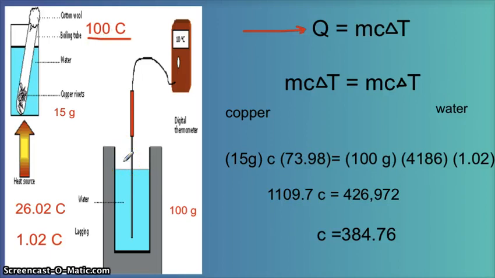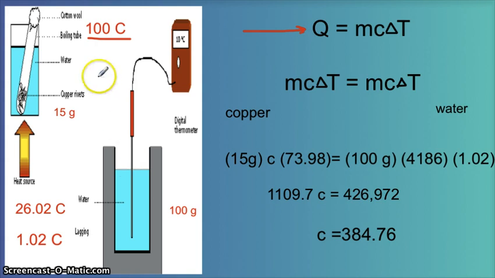Now you may remember, specific heat is how much energy it takes to get a mass of substance to increase its temperature by 1 degree.